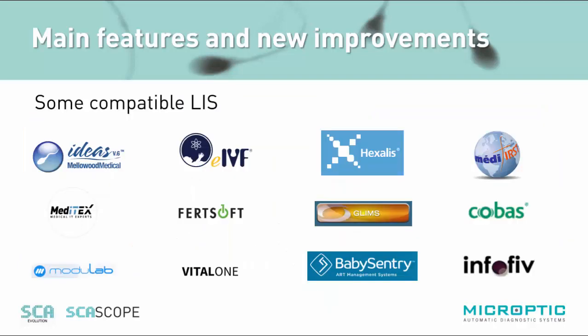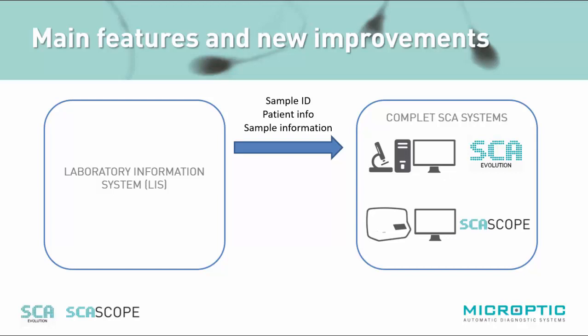Some compatible laboratory systems that we now have on the market are 100% compatible. Here you can see some of them. Some are specialized in IVF centers, others are general hospital labs. And how it works: the laboratory information system first sends to the SCA system the sample ID, the patient information, and other sample information, for example, which analysis I want to do, or the volume, or other characteristics of the sample.